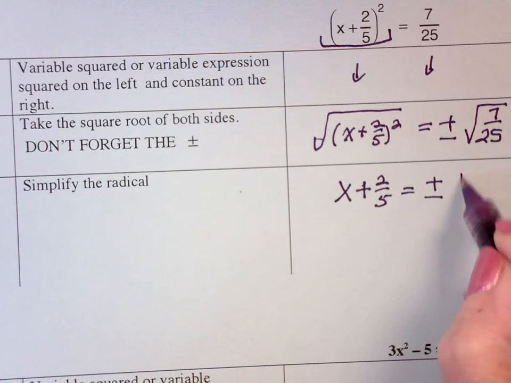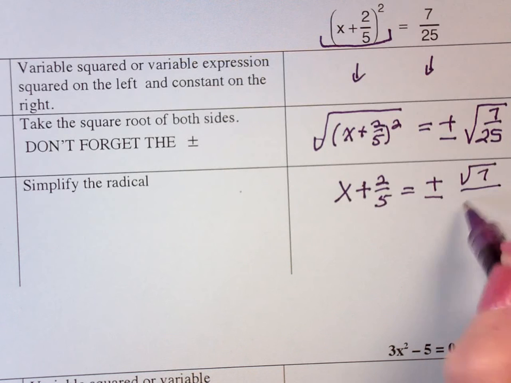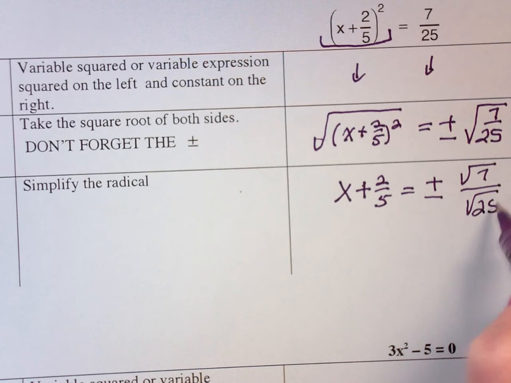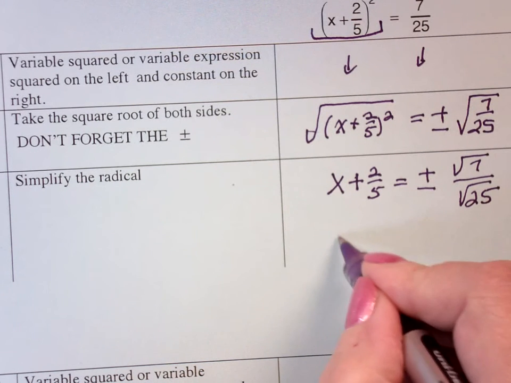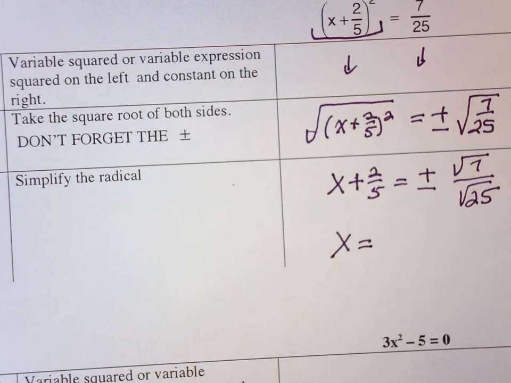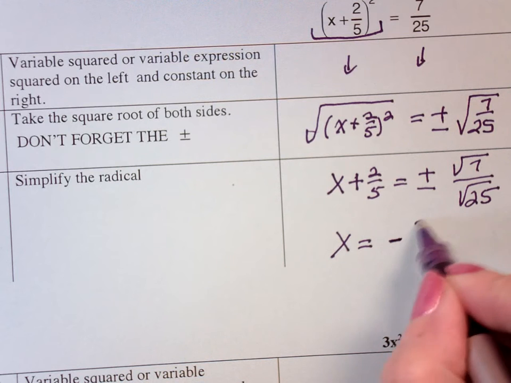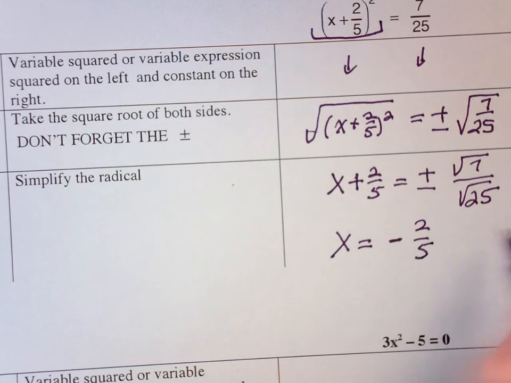This is really the square root of 7 over the square root of 25. So x equals, solve for x, you're going to subtract 2/5 plus or minus the square root of 7 over 5.